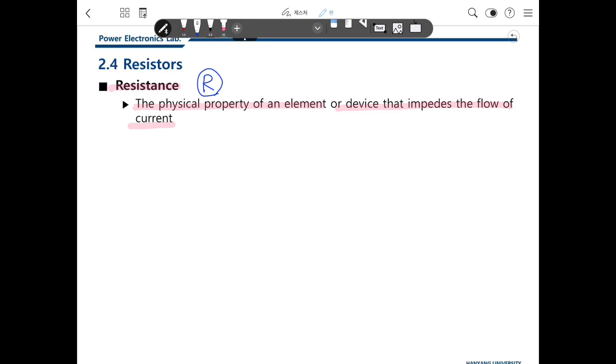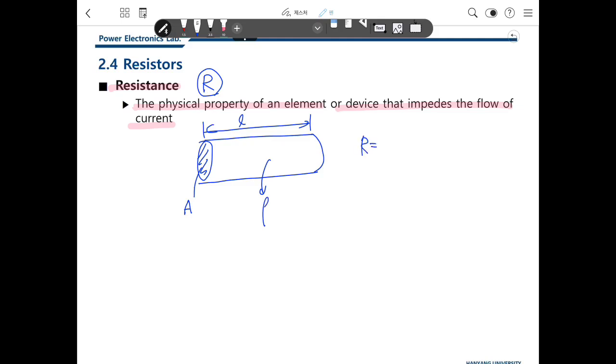Physically, R consists of this material, with length L and cross-sectional area A. The resistivity of this material is ρ. Then R is calculated this way: R equals ρ L over A. This is very simple.